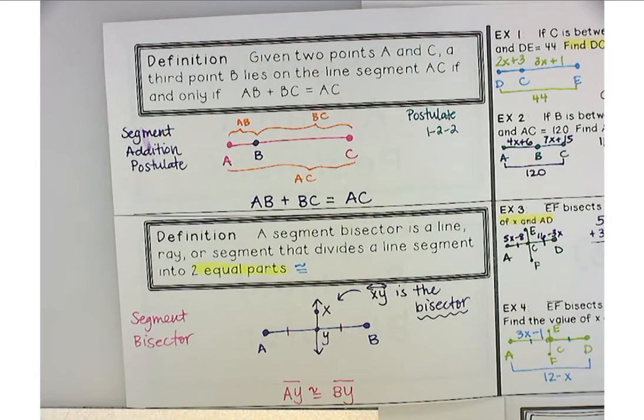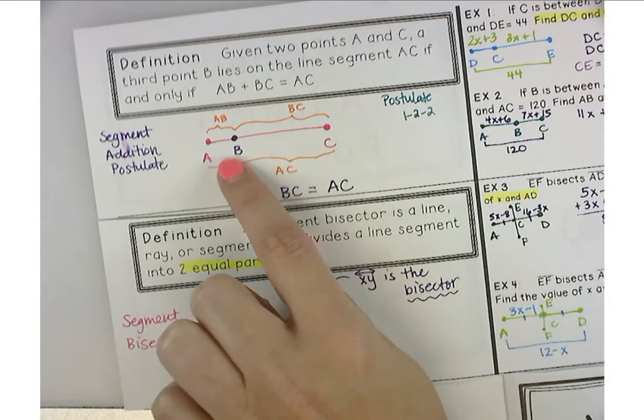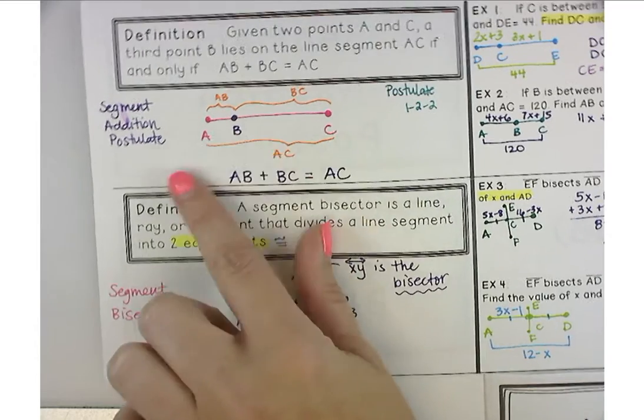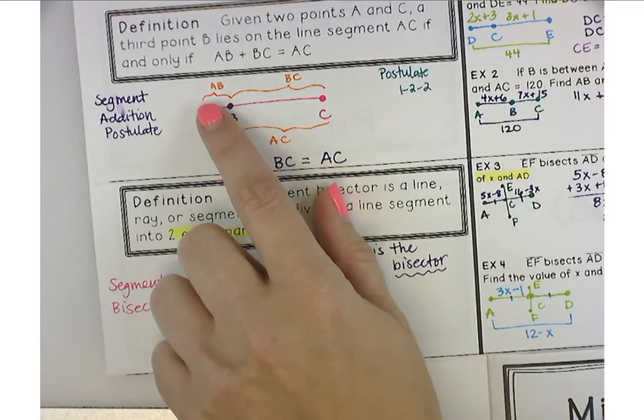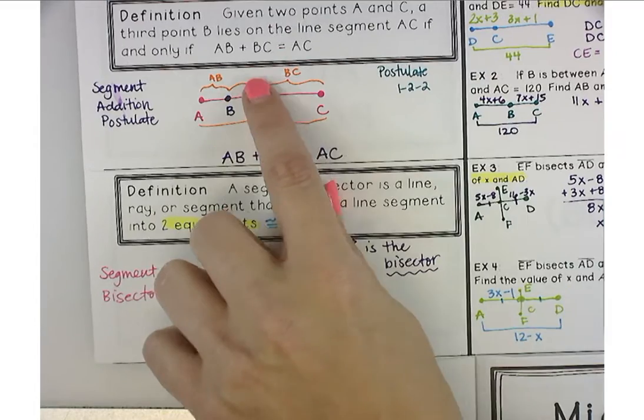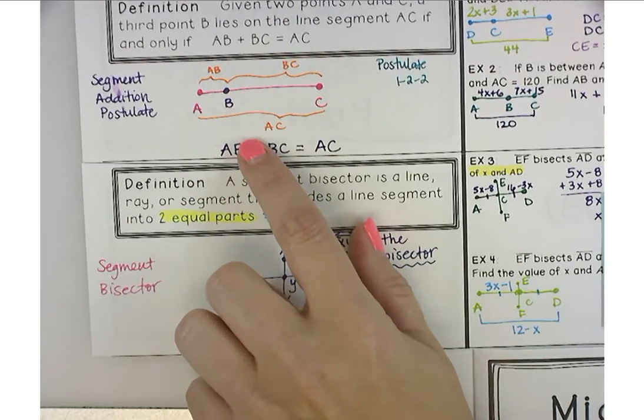Okay, so the segment addition postulate says if we add this segment plus this segment, we get the whole big segment. So that's what I tried to show you in orange. So if we take AB and we take BC and we add them together, that would equal the length of AC.